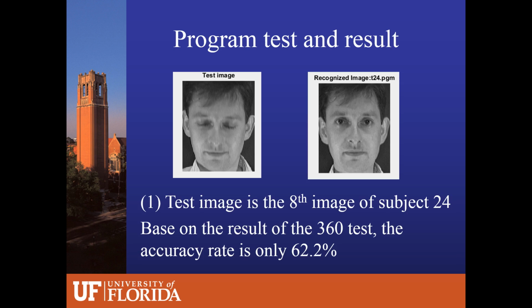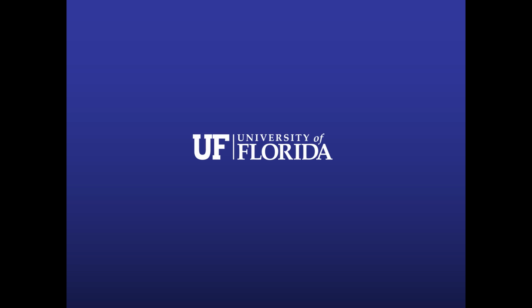The result seems not so satisfying: the accuracy rate is only 62.2%. It seems that maybe it's because the PCA method is actually quite a basic one, so when it has large training data, it may be hard for the program to get a higher accuracy rate.